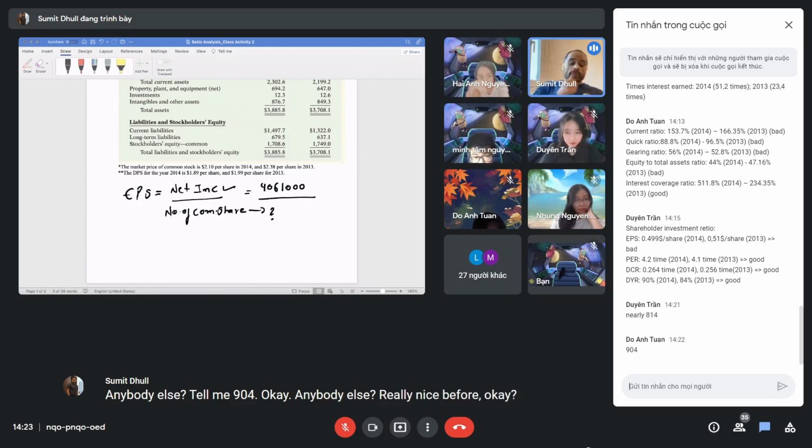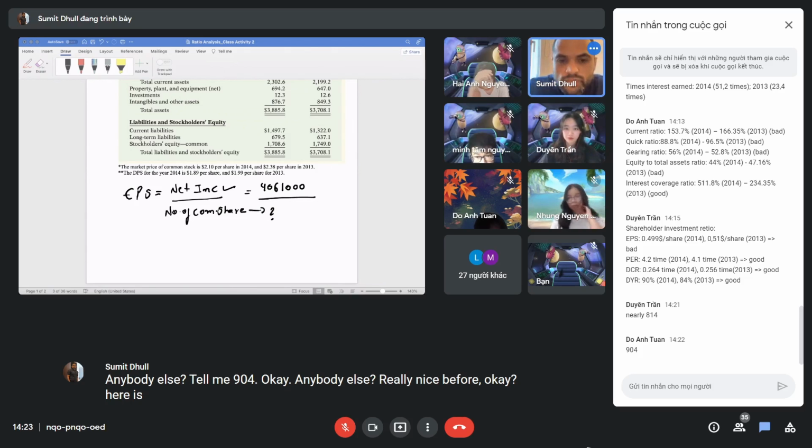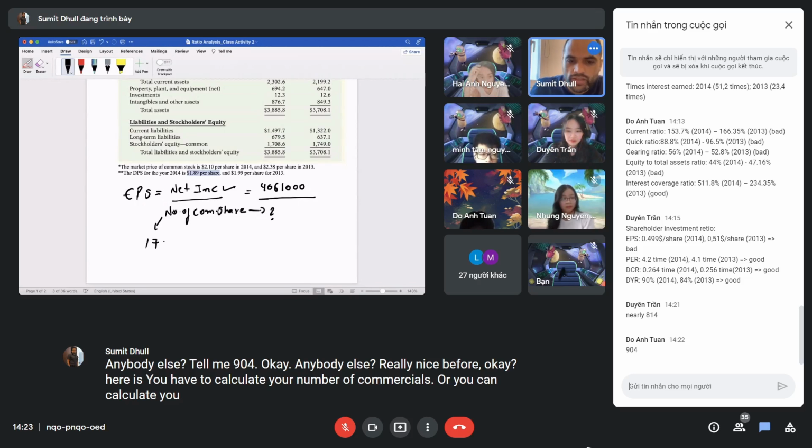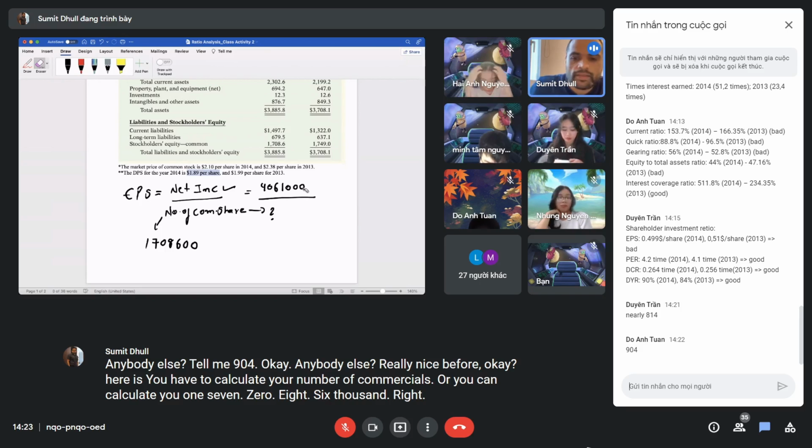So what you can do here is you have to calculate your number of common shares. How will you calculate? 17086,000. Right, this one is wrong. And divided by 1.89.